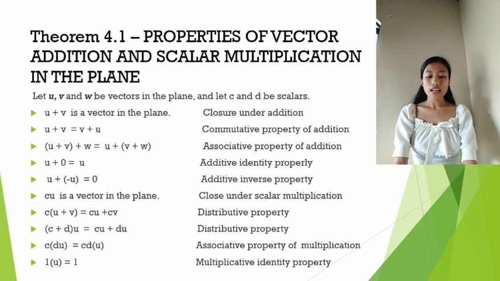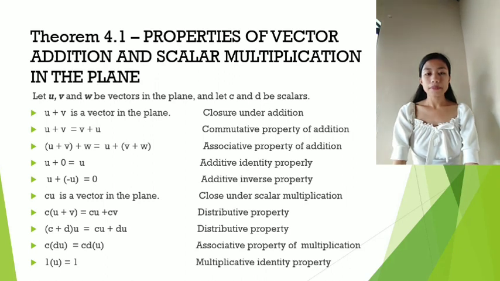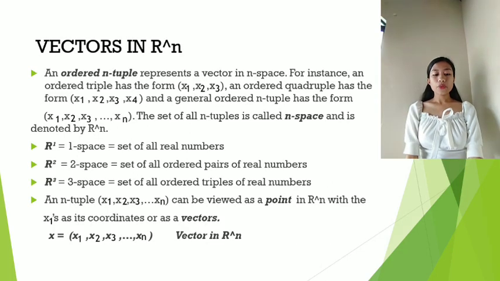This is an associative property of multiplication. Then the last one is 1 times u is equal to u. Then this is a multiplicative identity property.